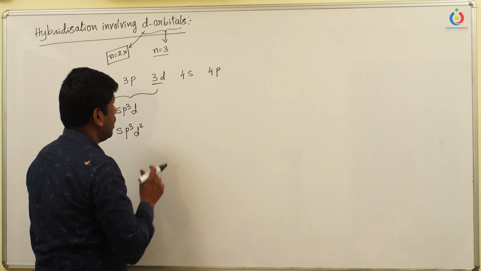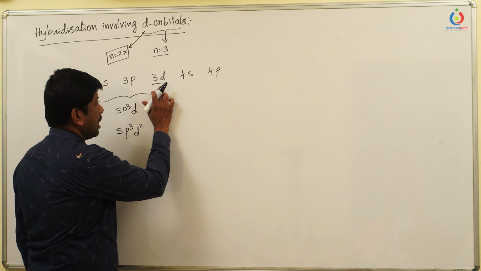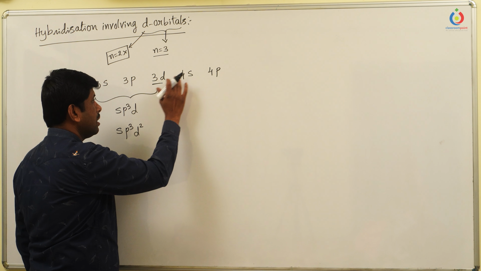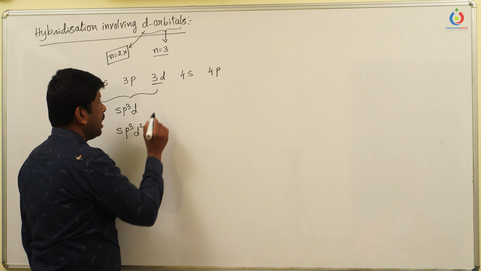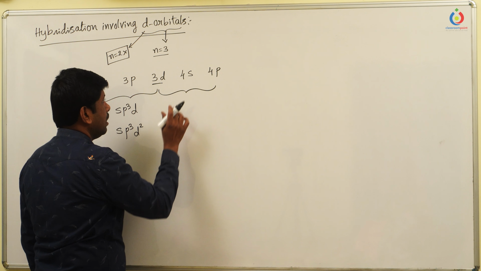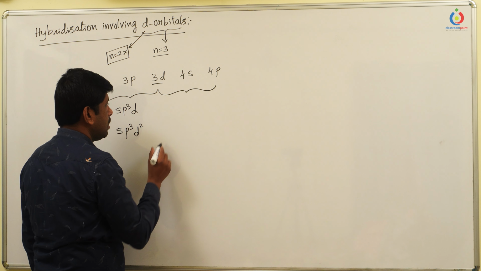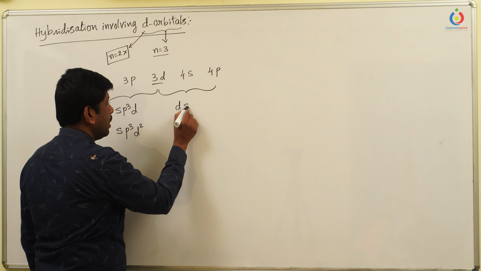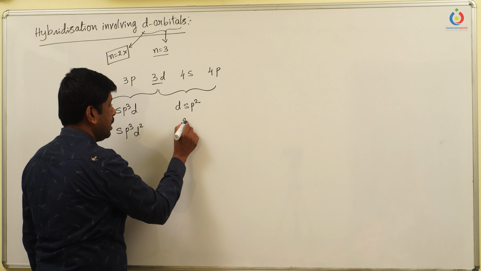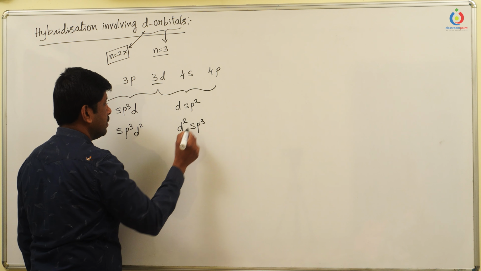In the same way, these 3d orbitals can also intermix with the 4s and 4p orbitals because their energy is also close to each other. Hence, when these d orbitals intermix with 4s and 4p orbitals, they can produce dsp2 hybridization or d2sp3 hybridization.